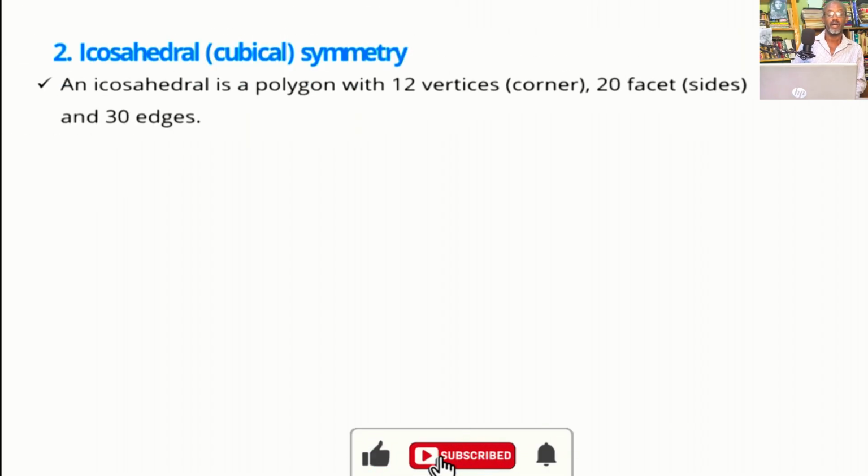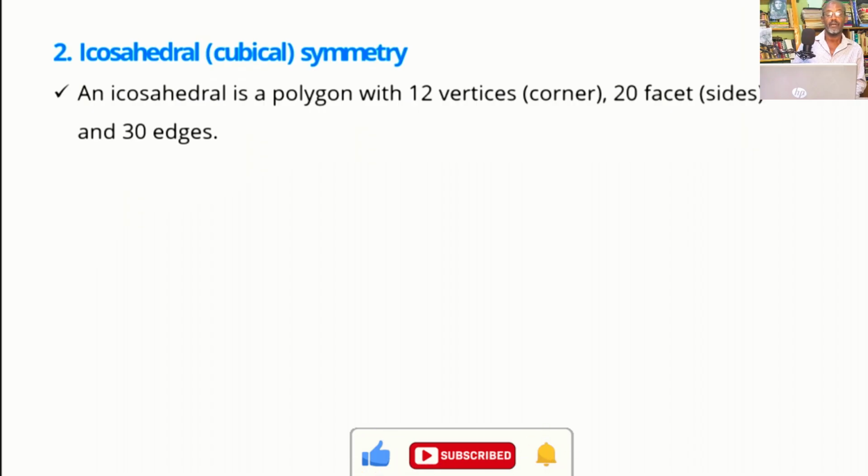The second category of symmetry is icosahedral or polyhedral, sometimes known as cubical symmetry. An icosahedron is this polygonal figure, a polygon with 12 vertices or corners, 20 facets or sides, and 30 edges.